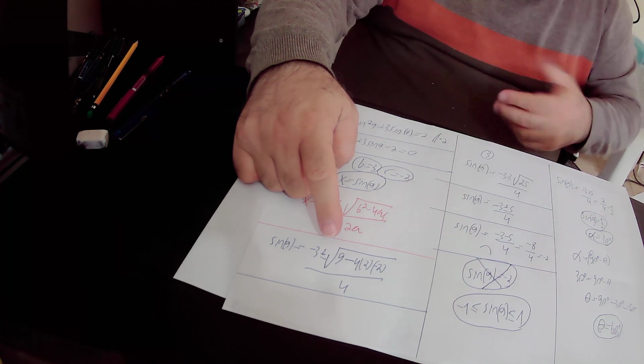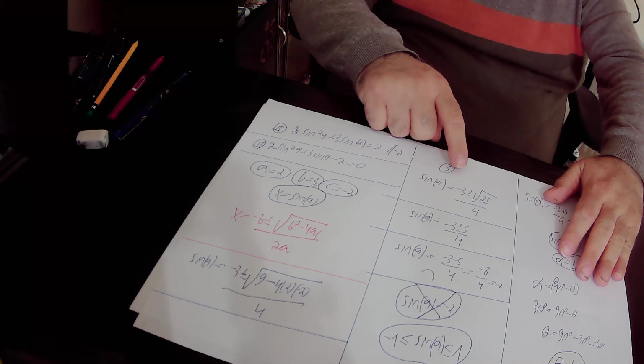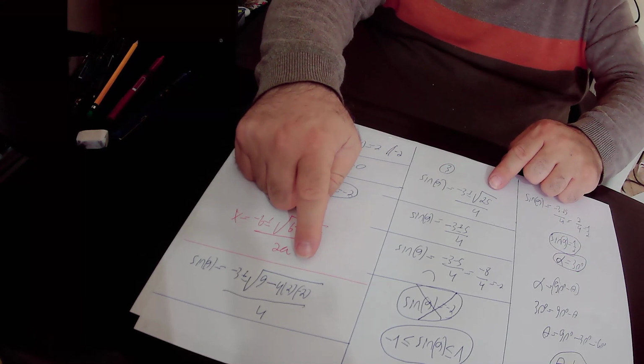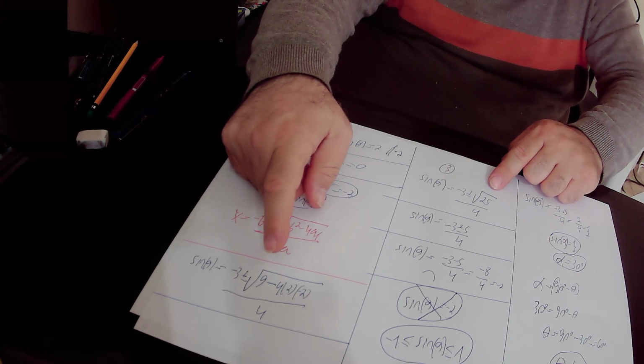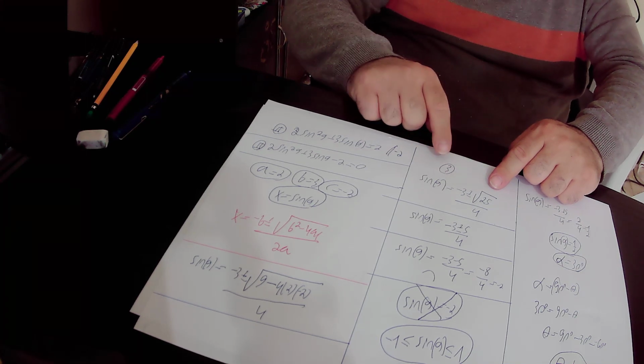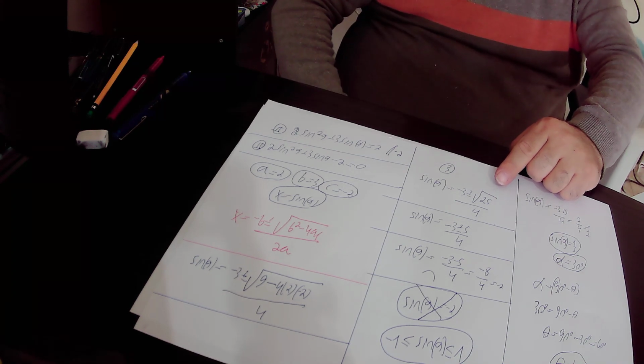A is 2, so 2a is 4. Minus 4 times 2 is minus 8, and minus 8 times minus 2 is plus 16, and 16 plus 9 is 25. So inside the root, what is left is only 25. So sine alpha equals minus 3 plus minus square root of 25 over 4.